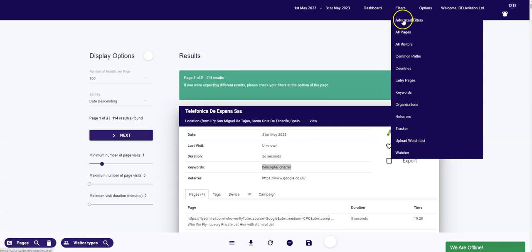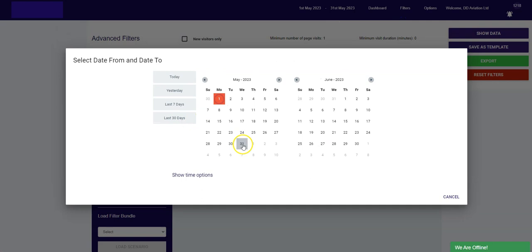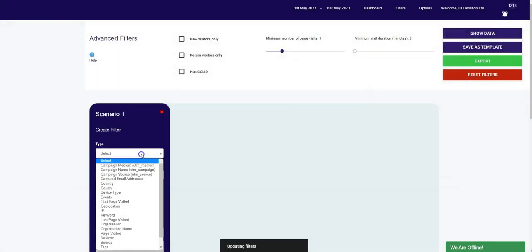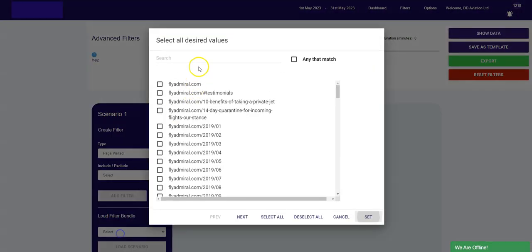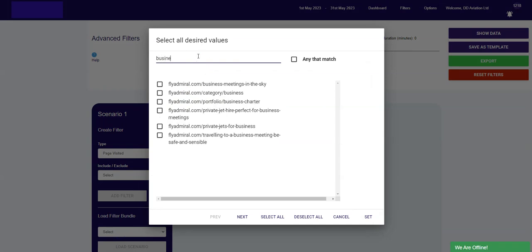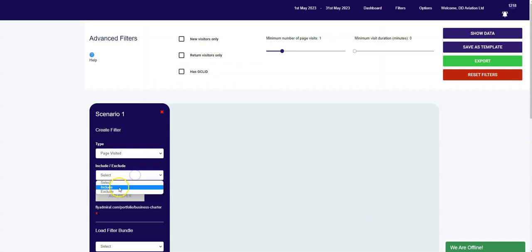What I'm doing here is going to the filters, looking at that same month, and I'm selecting the people who got to the business charter page here. I'm going to include those and add the filter.